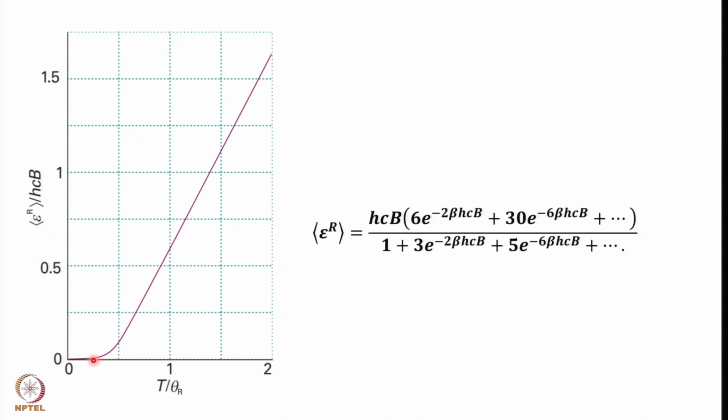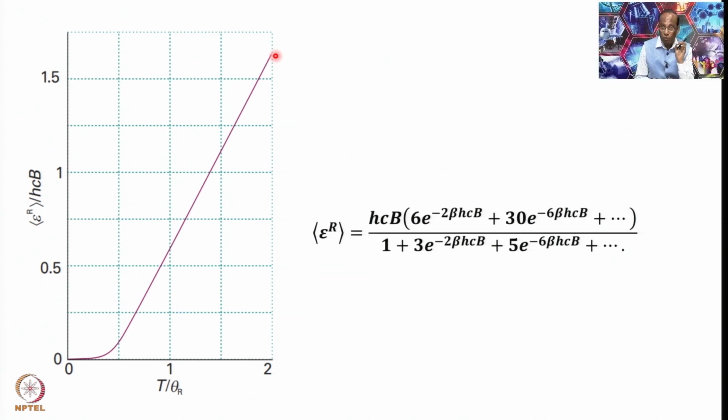When the temperature is very low, the contribution is almost 0. It is only when T by theta r is higher than 1 that you see how this mean rotational energy contribution increases. So when the temperature is moderate, you have to use this expression. B is the rotational constant, and beta is 1 by kT.